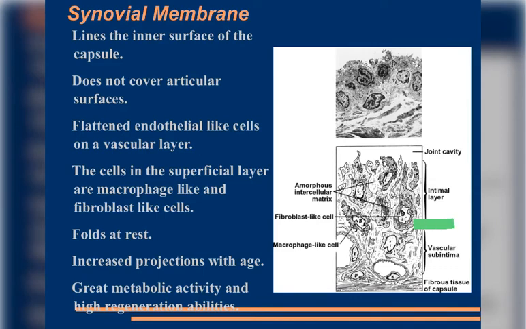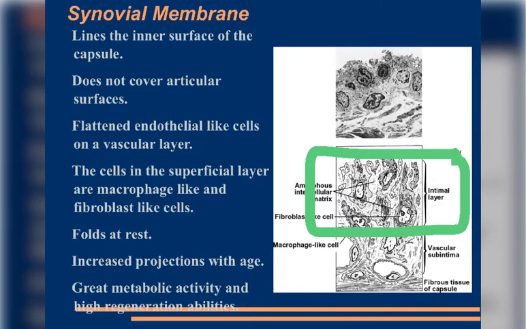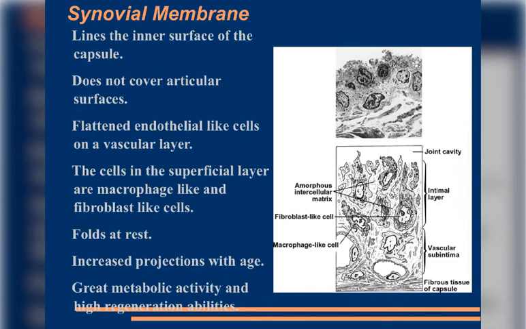Vascular layer, which is here, and endothelial-like layer. The cells in the superficial layer are of two types. One type is macrophage-like, and the other type is fibroblast-like.